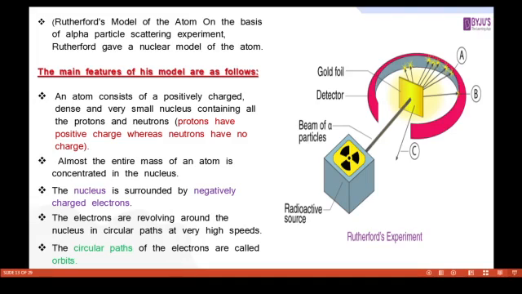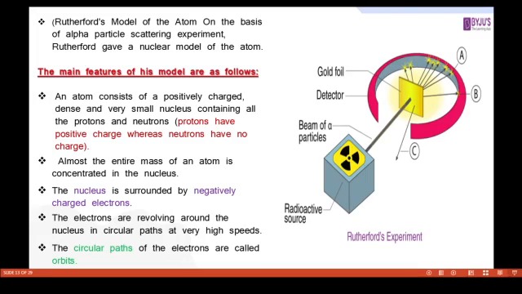So see the main features of this model. The first one: an atom consists of a positively charged, dense and very small nucleus containing all the protons and neutrons. The protons have positive charge whereas neutrons have no charge. Almost the entire mass of an atom is concentrated in the nucleus, okay students, the entire mass of an atom is concentrated only in that small nucleus.